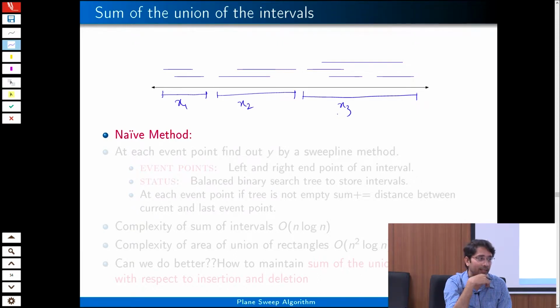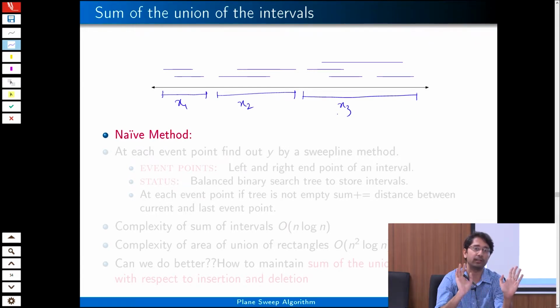Okay, again, another good suggestion from your friend is to go back to our sweep line method. Sweep from left to right. What will I do? At each event point, if there is an active interval before that, we will add the distance from the last event point to this event point.